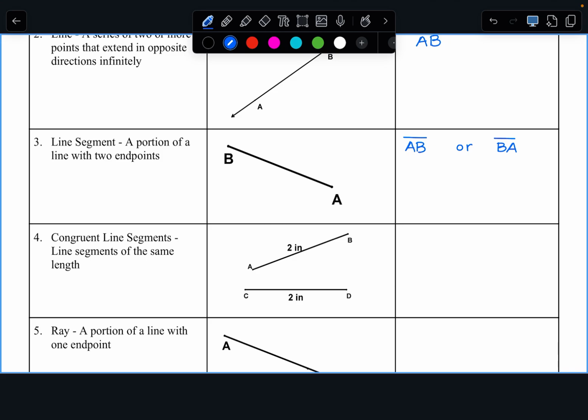The symbol for congruent has this squiggle above an equal sign. So this shows AB is congruent to CD. We can also label that as BA is congruent to DC.